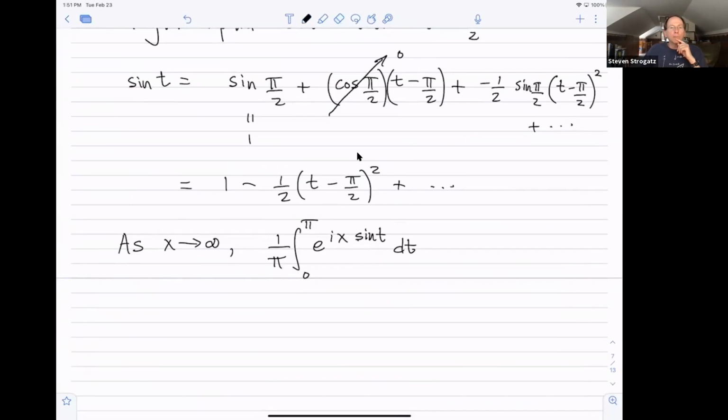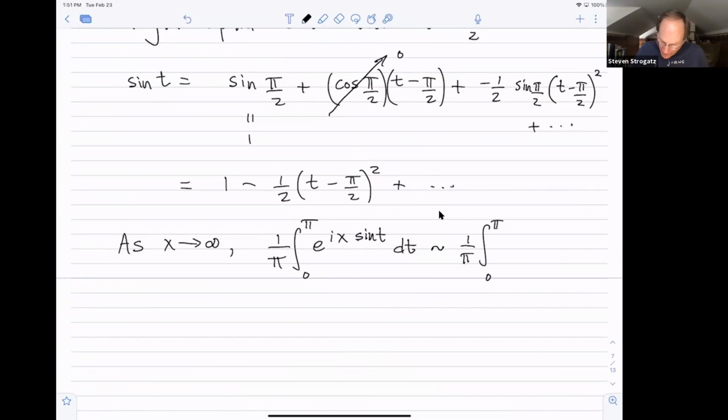Yep, so as x goes to infinity, this integral is going to be asymptotic to what I get if I just keep up to the quadratic term in the exponent. 0 to pi.